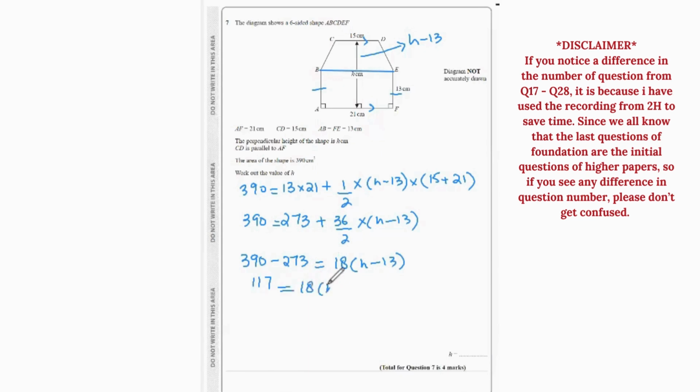That's 18 times h minus 13. If we do 117 divided by 18, that gives us 6.5. So h is going to be 6.5 plus 13, which is equal to 19.5 centimeters. That's your value of h.